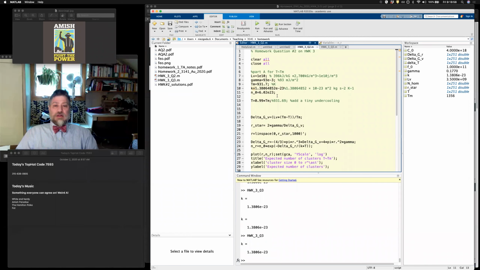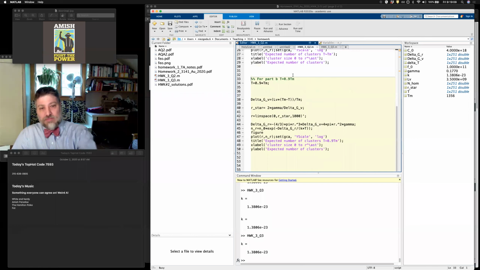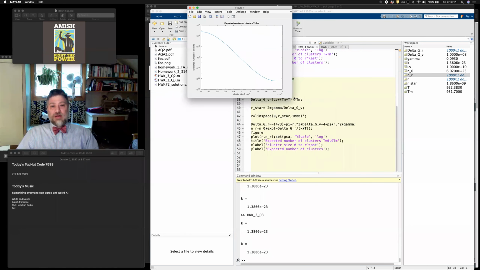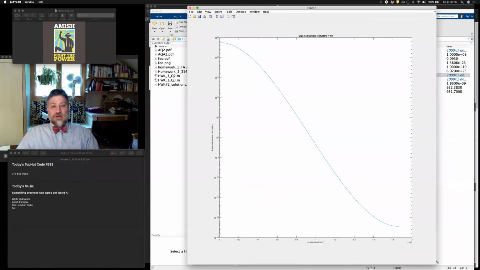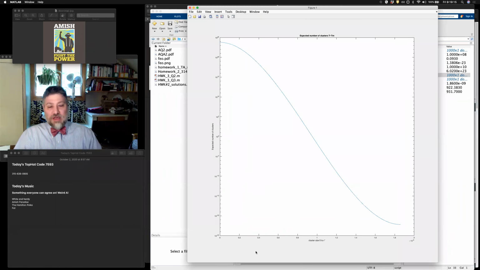Okay, so I assumed some kind of small undercooling, and you just sort of flop through here. Okay, and so here's the cluster size.